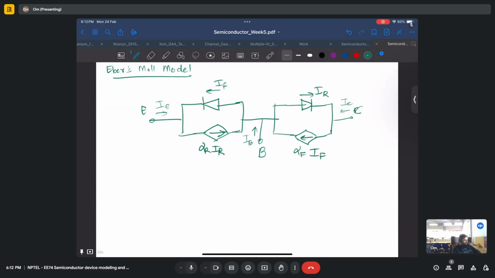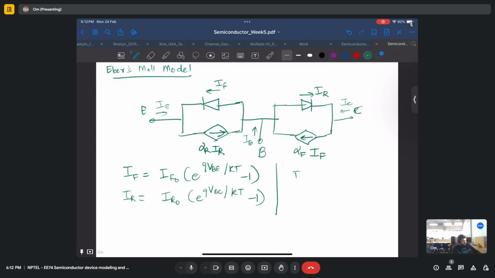Okay. So in Ebers-Moll's model, there are a few conditions. The diode current IF is IF naught into e to the power qVBE by KT minus 1. Reverse current IR is IR naught, the second diode's current, into e to the power qVBC by KT minus 1.